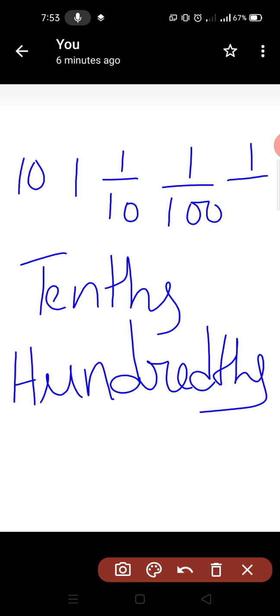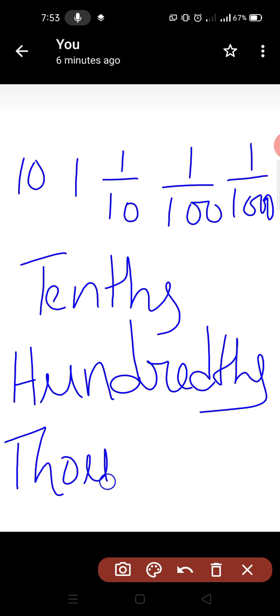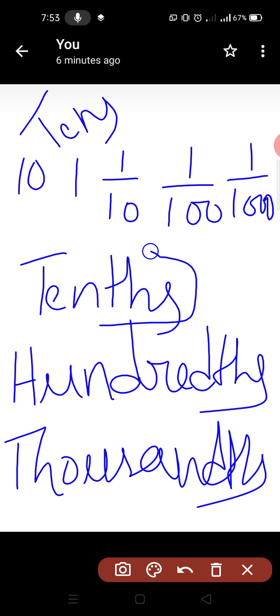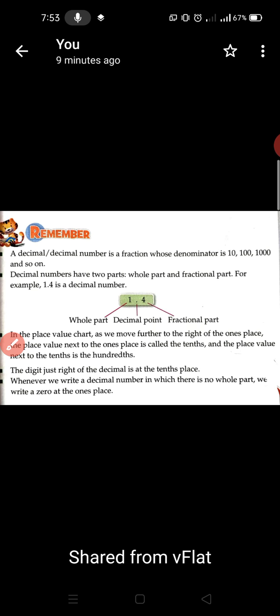After that we take 1 by 1000. This is called the thousandths place. Here it is simply tens, hundreds, thousands, but here we add this th. So like this we can represent decimal numbers in the place value chart.